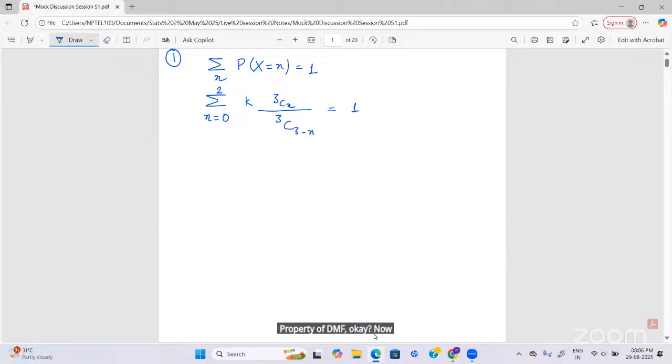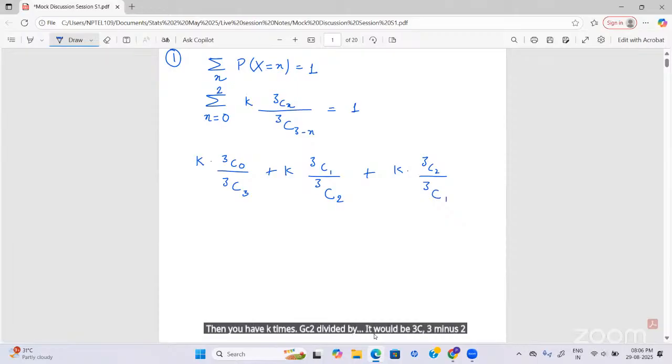Now we will put the value of x here. So it is k times 3c0 divided by 3c 3 minus 0, so it will be 3. Then we have k times 3c1 divided by 3c, 3 minus 1 will be 2. Then we have k times 3c2 divided by 3c, 3 minus 2 will be 1. So this should be equal to 1.